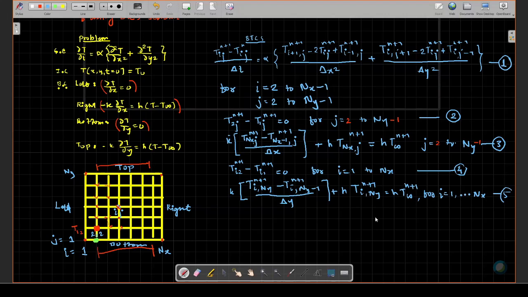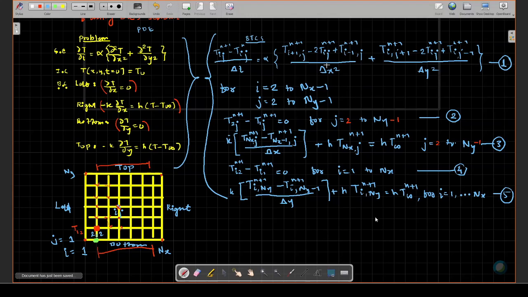This is 5. Now we have all the discretized equations 1, 2, 3, 4, 5 for this whole problem. The whole problem, which was a PDE, is now converted into simultaneous algebraic equations. Now this was a PDE, and now we got simultaneous algebraic equations.